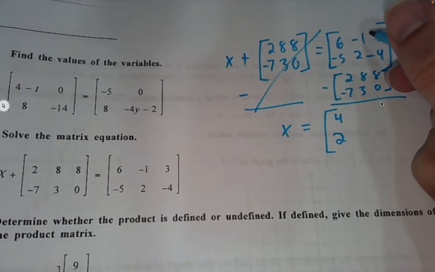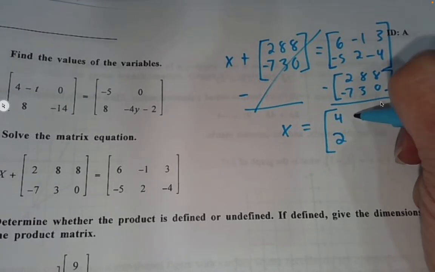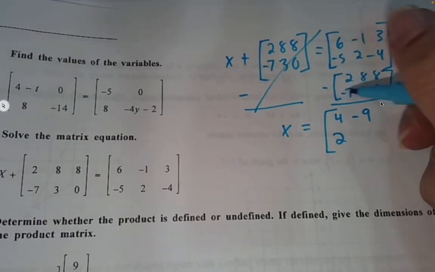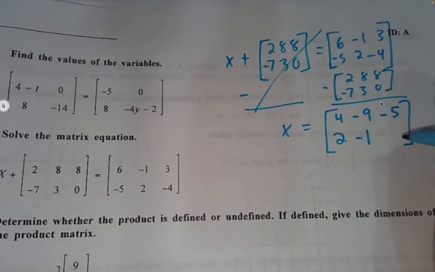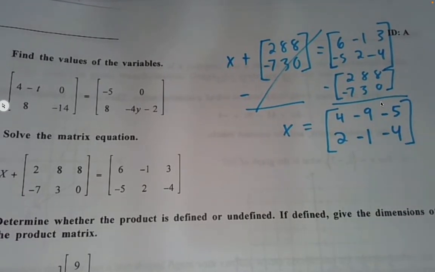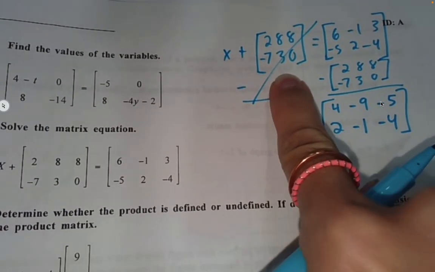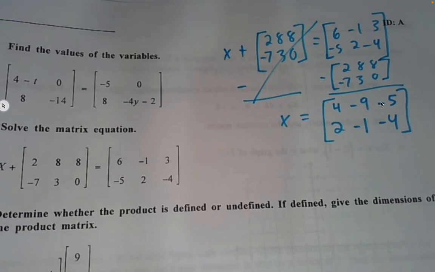Thank you. -1 minus 8. 2 minus 3. -1. 3 minus 8. -5. And then -4 minus 0. So there you go. You solved for x. You just subtracted all these numbers from all those numbers. That's it. You don't have to do the flip thing.